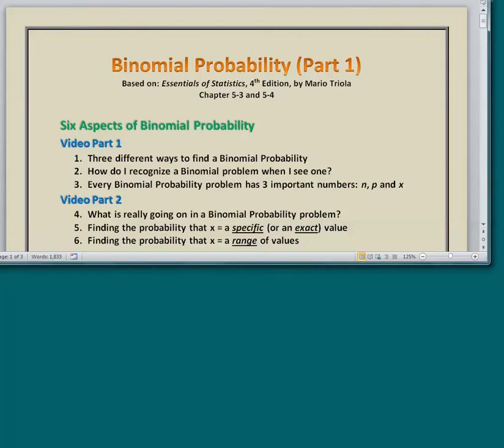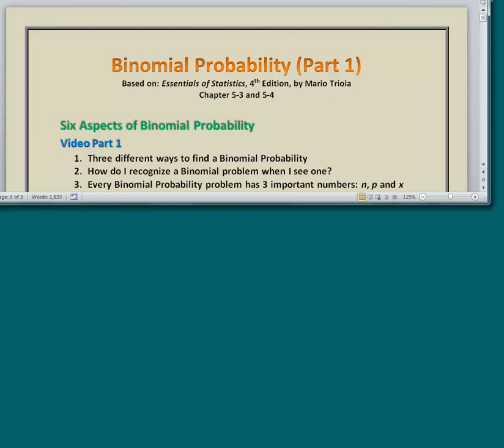There are 6 aspects of binomial probability that we're going to be talking about. Academic presentations of binomial probability are not expressed like this, but I think for our purposes it's helpful to think of 6 aspects of binomial probability. In the video for part 1, which is what we're doing now, we will talk about 3 aspects, and in the video for part 2, we'll talk about 3 other aspects.